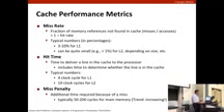Another metric is the hit time. If we do have a hit in the cache, how long does it actually take to do the lookup to determine that there was a hit and then return the value? For L1 in an Intel system, this is 4 clock cycles, and 10 clock cycles for L2. You always have to pay the hit time; the hit time is the best you can do.